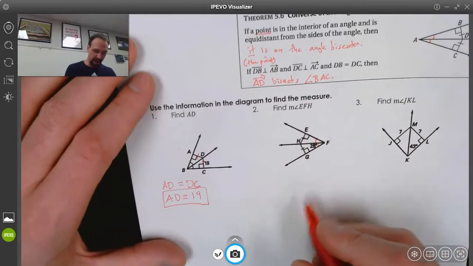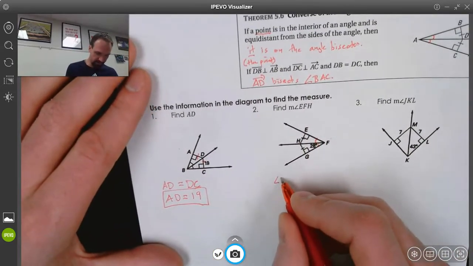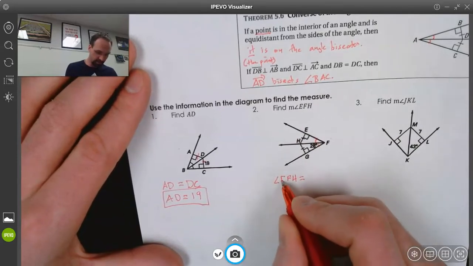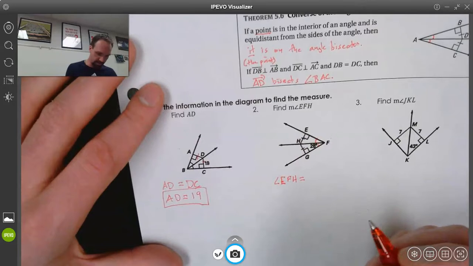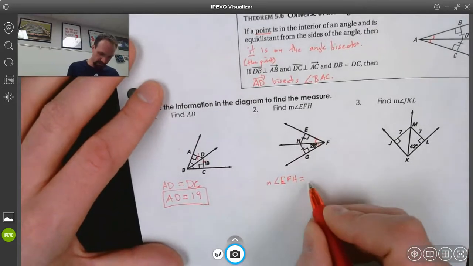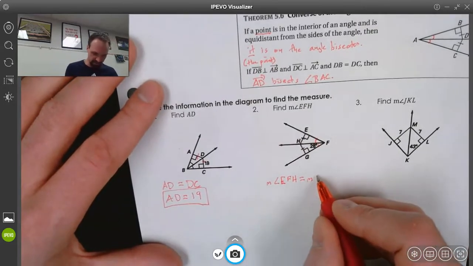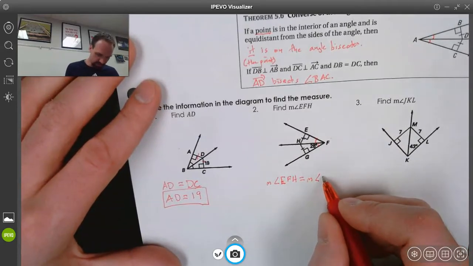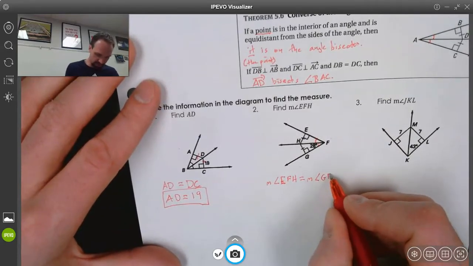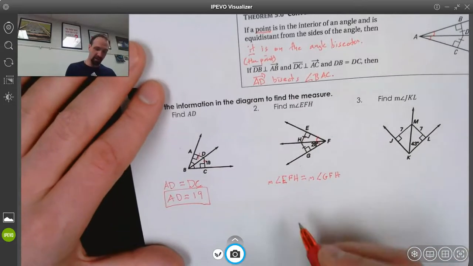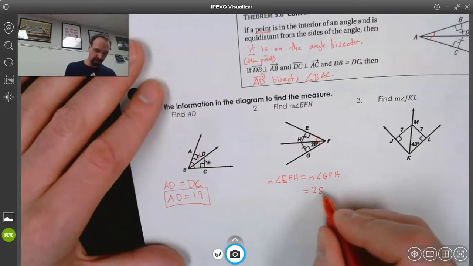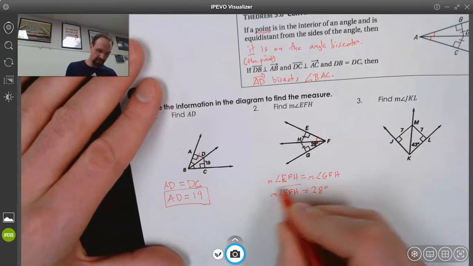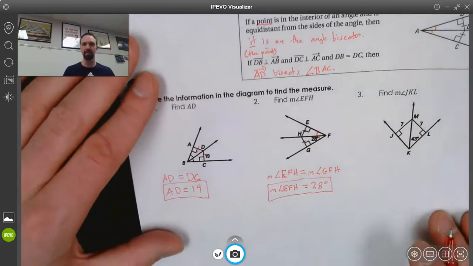So the measurement of angle EFH is going to be equal to the measurement of angle GFH. I know the measure of angle GFH is equal to 28 degrees. So I know the measure of angle EFH is equal to 28 degrees.